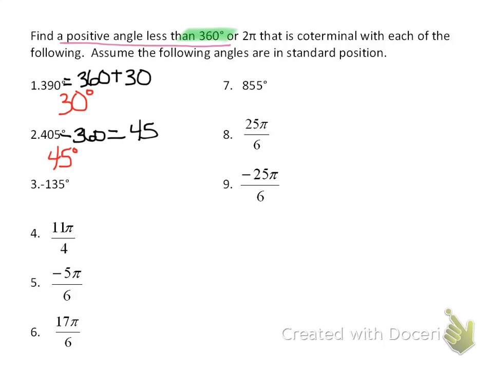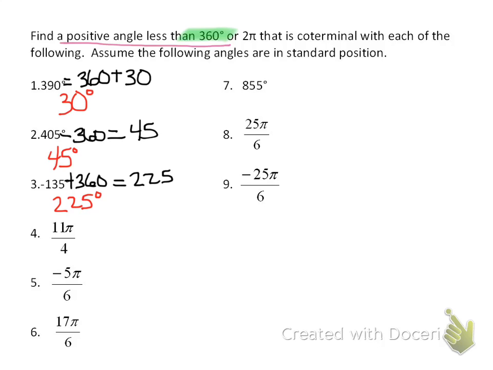I'm going to find the difference between 360 and 135, and we get 225. So here our coterminal angle is 225 degrees. Questions?